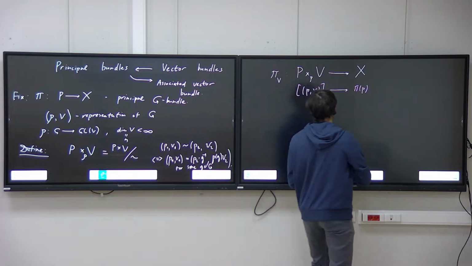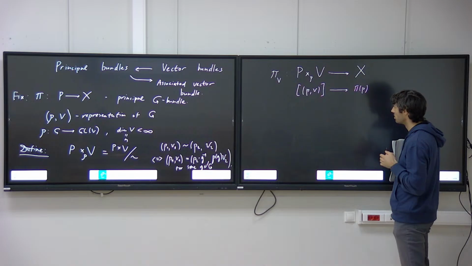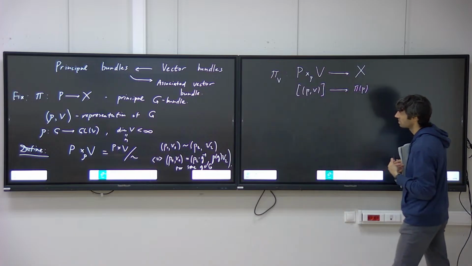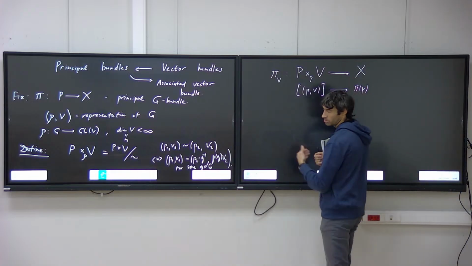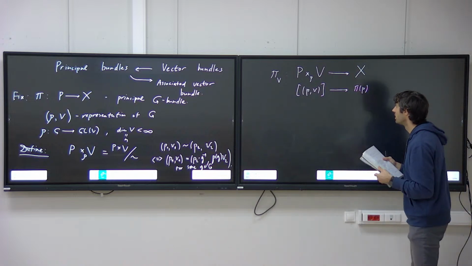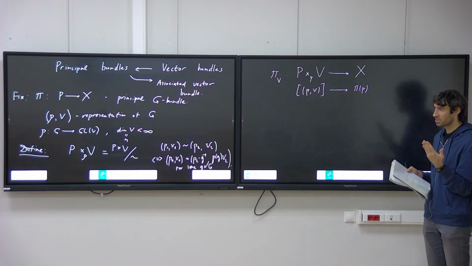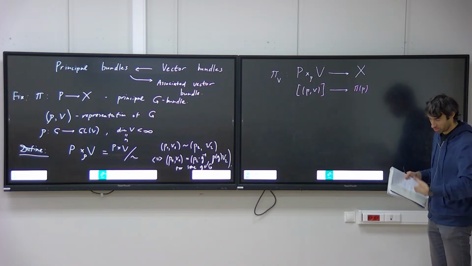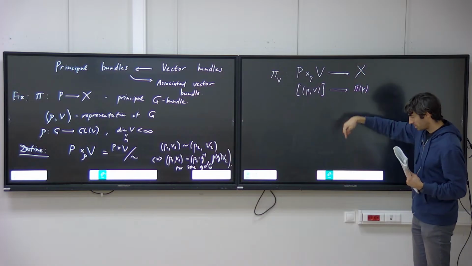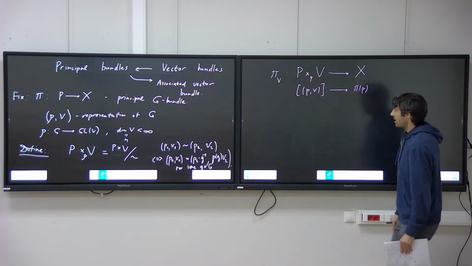This is well defined, it's just a simple check if it's not obvious. The only explanation why it's obvious is that G acts along fibers, and pi chooses the point at the bottom of the fiber.